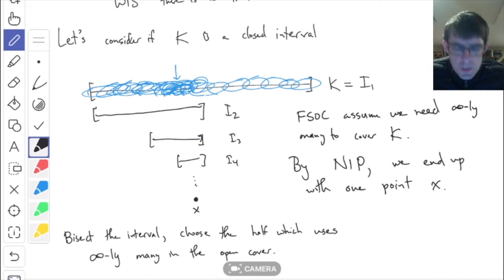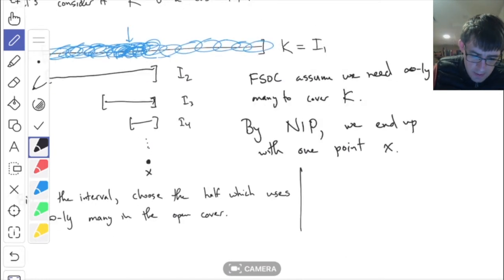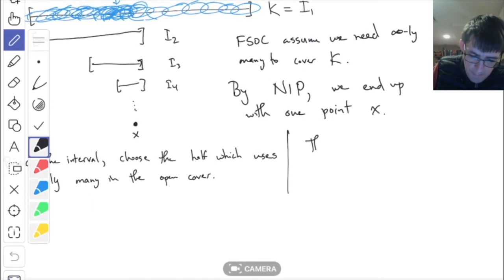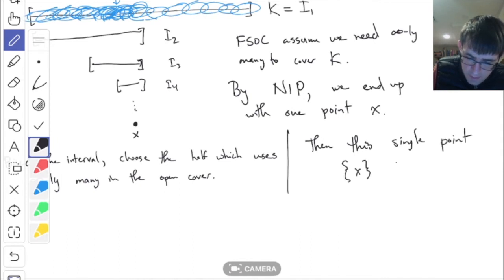But because of the construction of how we chose the intervals, every time we're choosing the side which requires infinitely many sets. So if we choose this correctly, then this single point x requires infinitely many sets to cover.